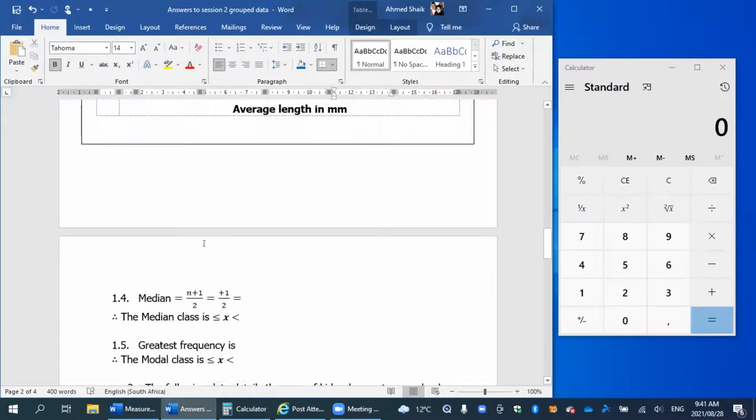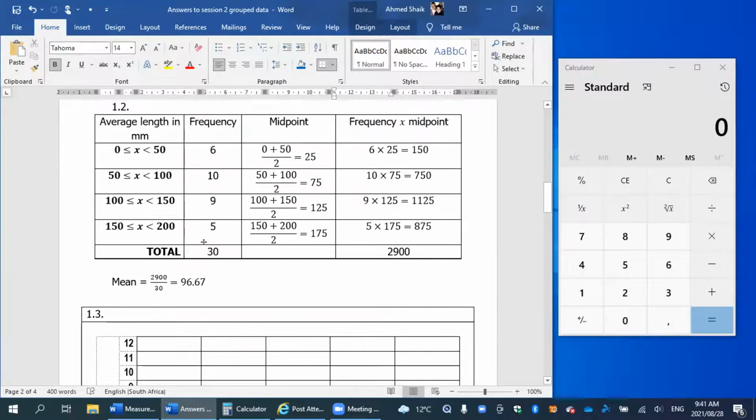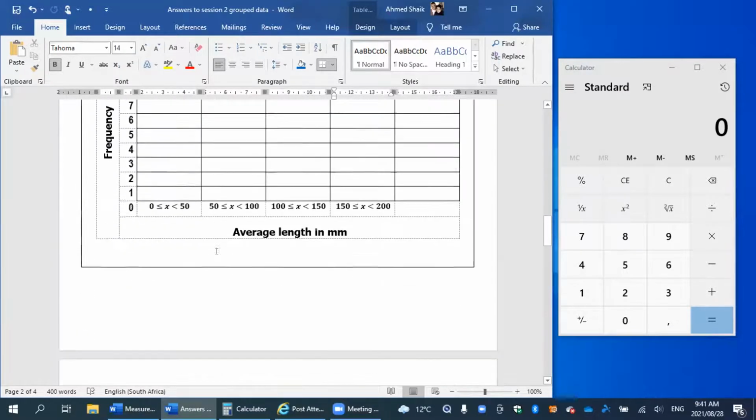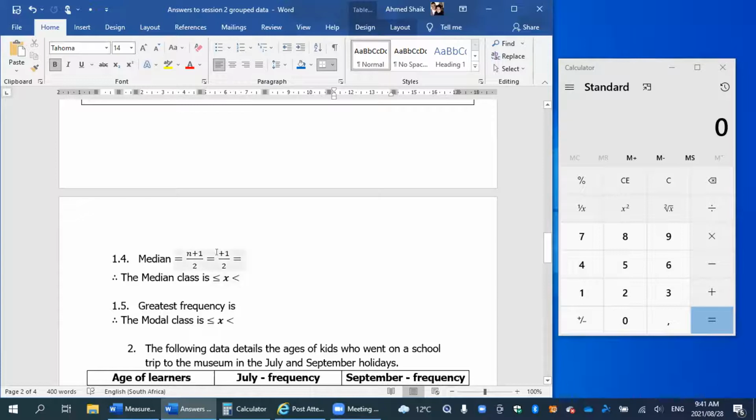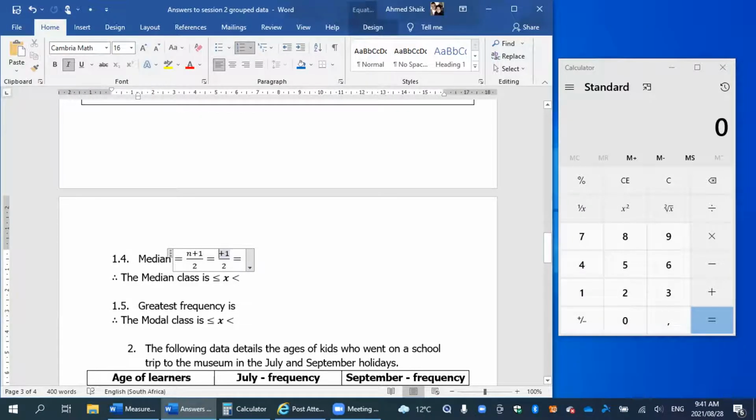We've already established that there are 30 data values in the set, so n is equal to 30. Let's enter that: 30 plus 1 over 2. And let's calculate that.